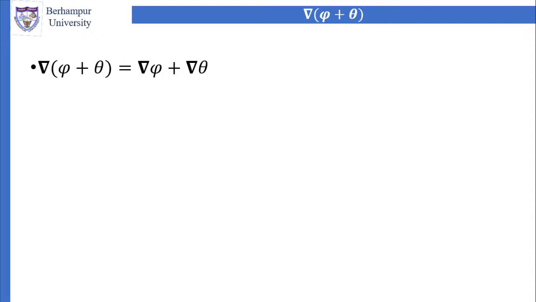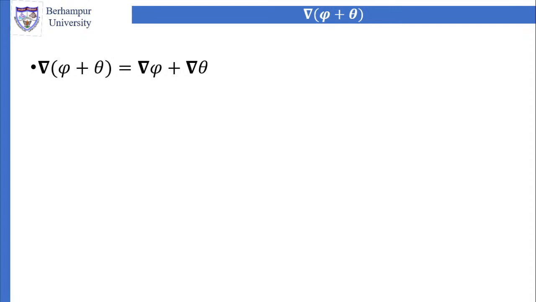Since it is a differential operator, you know d by dx of f(x) plus g(x) is equal to d by dx of f(x) plus d by dx of g(x). So the differentiation is distributed. We get del of phi plus theta is equal to del of phi plus del of theta, or grad of phi plus theta is equal to grad of phi plus grad of theta. So this is a simple identity. It is easy to remember.